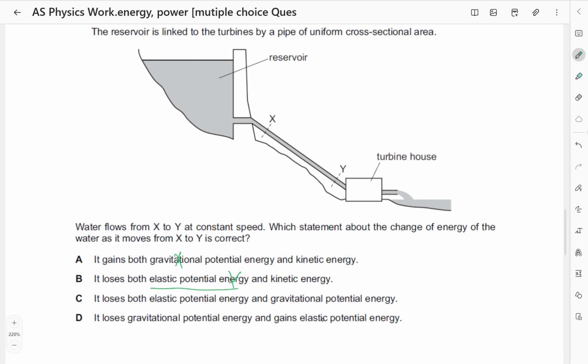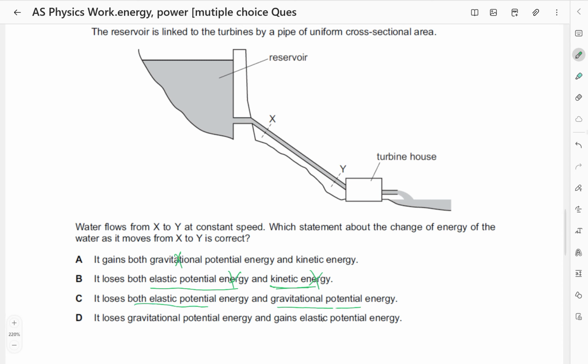Okay, so it gains both gravitational. I said here it is not gaining gravitational potential energy because the height is decreasing. It loses both elastic potential energy and kinetic energy. Because it is flowing, it is gaining kinetic energy, so this is wrong. It is losing gravitational potential energy, but can't be losing elastic potential energy.